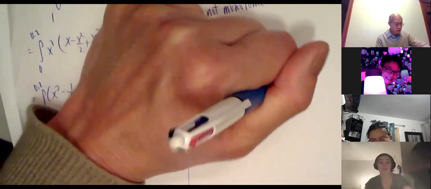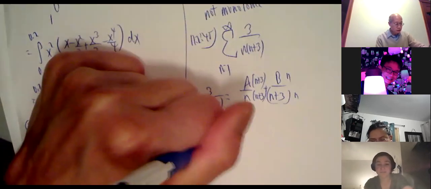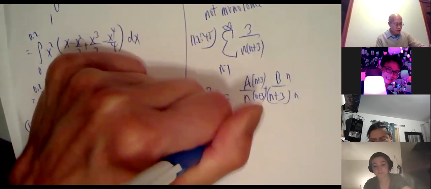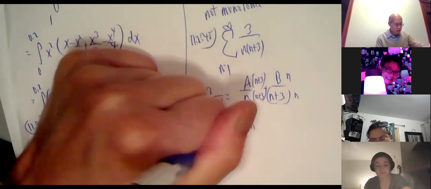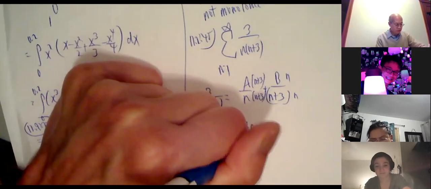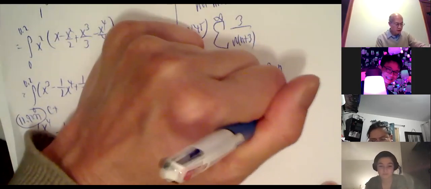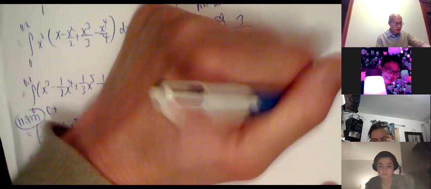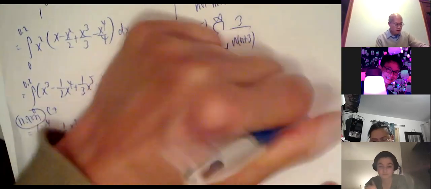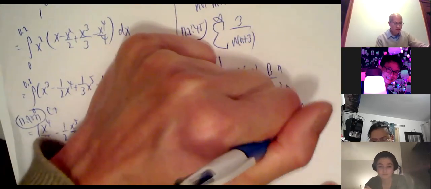So a n plus 3a plus b n over n times n plus 3, which is a plus b times n plus 3a over n times n plus 3.